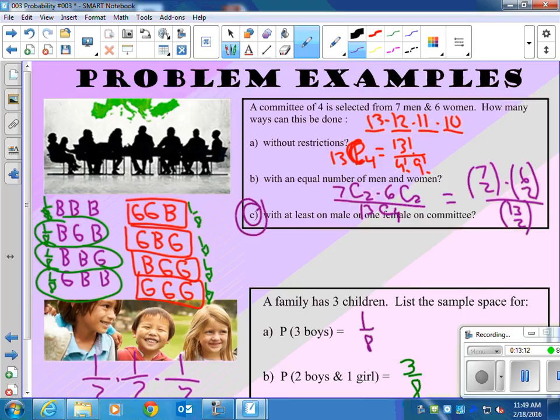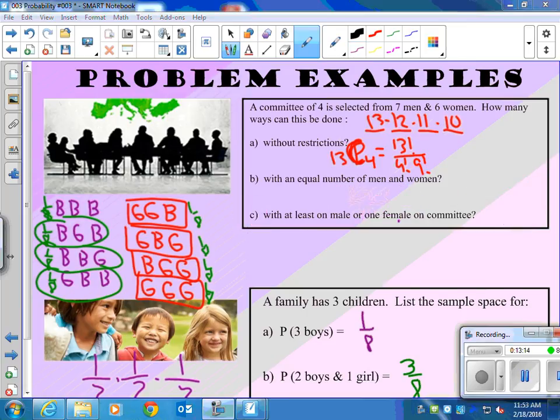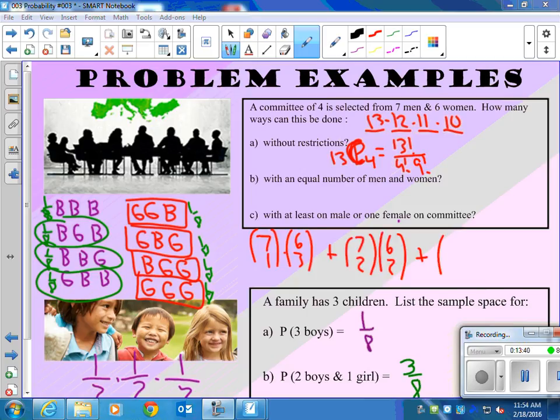You try this C. See what ideas people have. What I thought is that you could do like 7 choose 1 times 6 choose 3, in parentheses, plus 7 choose 2 times 6 choose 2, in parentheses, and then plus 7 choose 3 times 6 choose 1, in parentheses, and then all over 13.